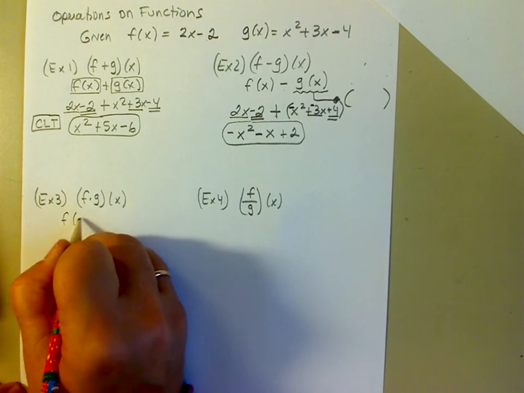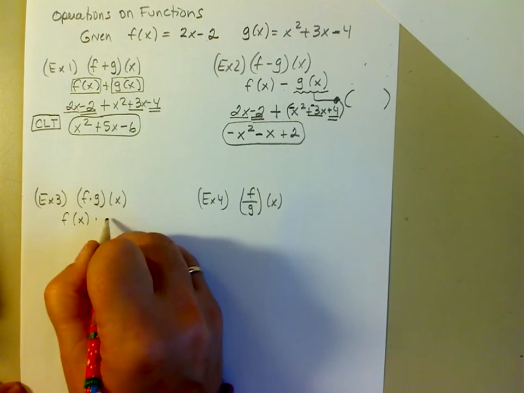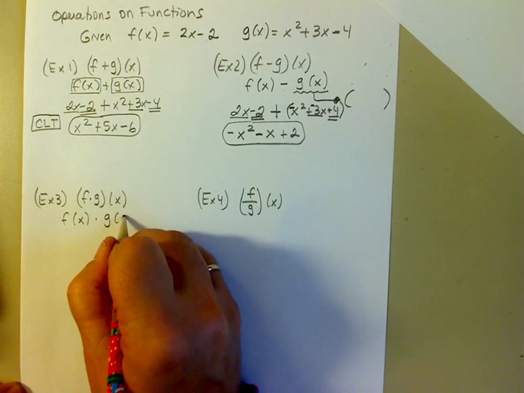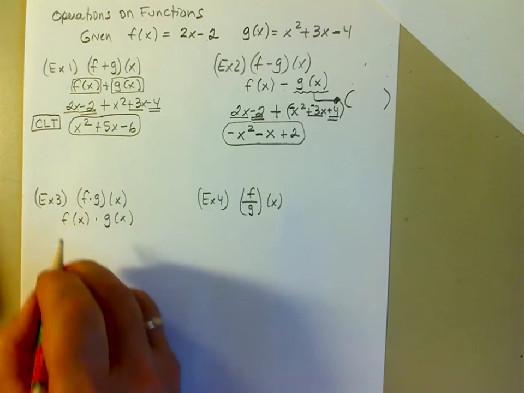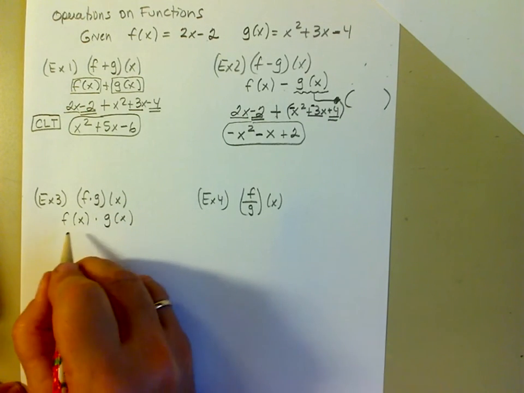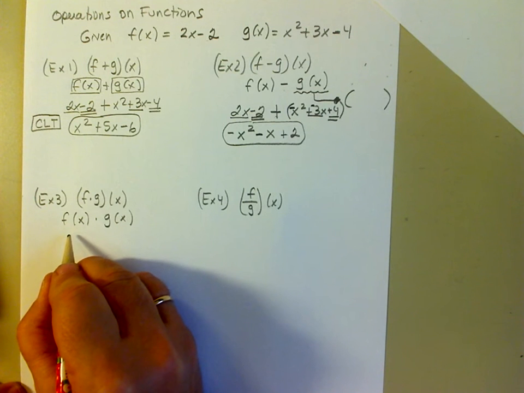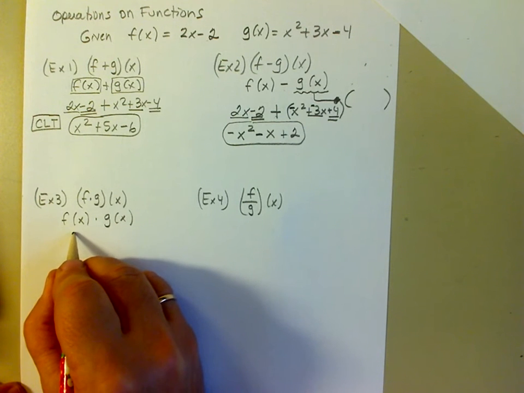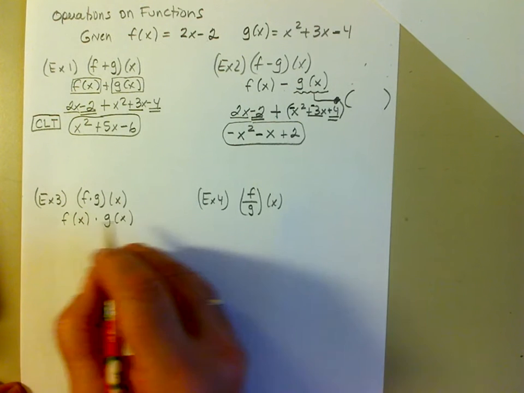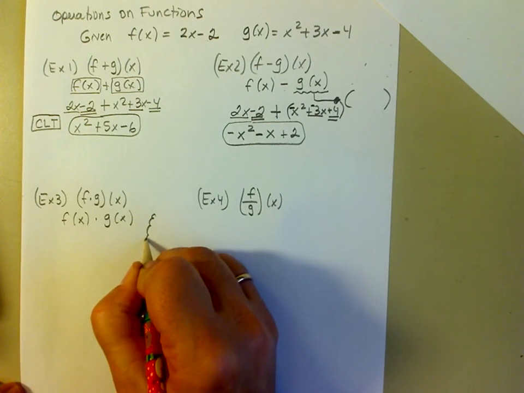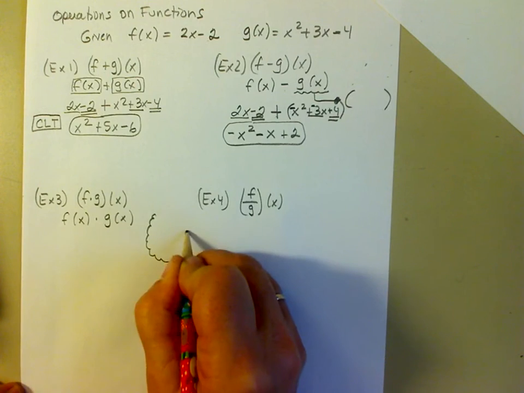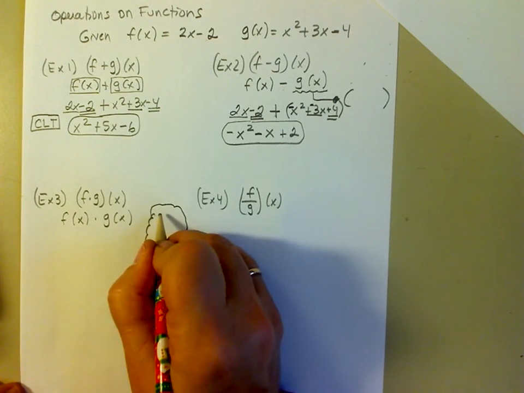Multiplication, again, we'll take this and break it into its two functions of f times g of x. The trick here is to always place the smaller function in front of the larger function. What I mean by that is the one with less terms goes first. So we'll make a quick note of that. Okay, put a little cloud here to remind us.